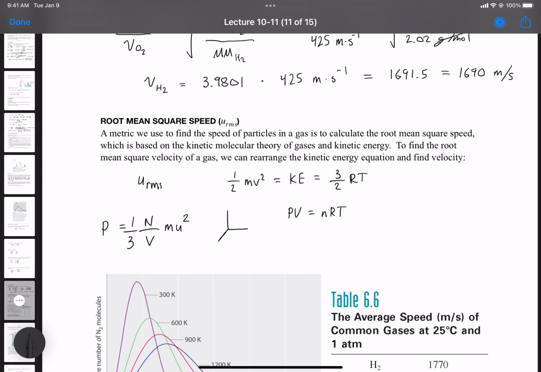Before, we're going to substitute P. Sorry, we're going to substitute P here. So 1/3 N times V. Okay. And then this is going to be pressure, right? Times V equals nRT.